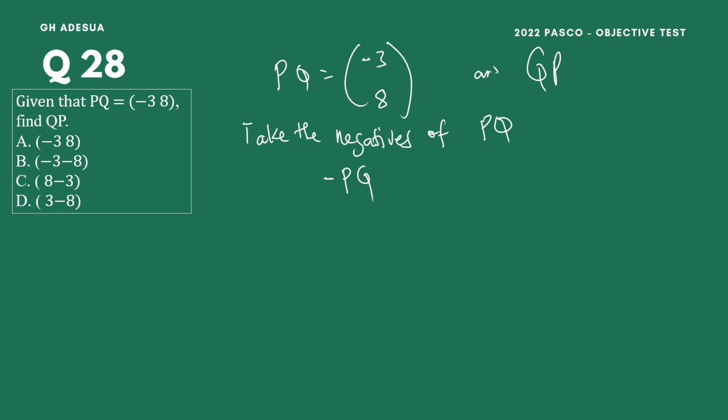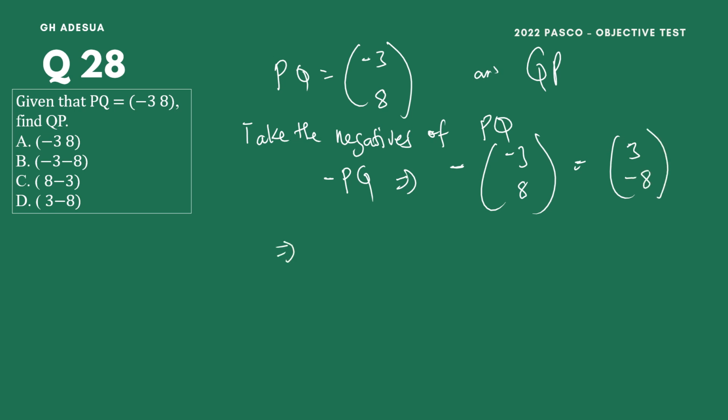So we know P, times bracket negative P. Negative times negative is positive, so you're going to have 3 and negative 8.